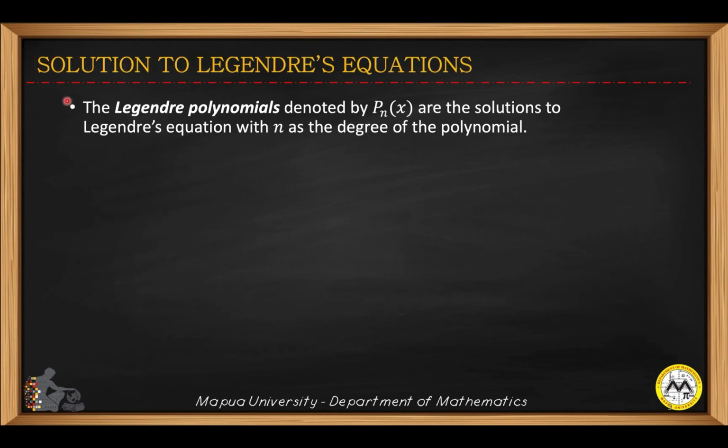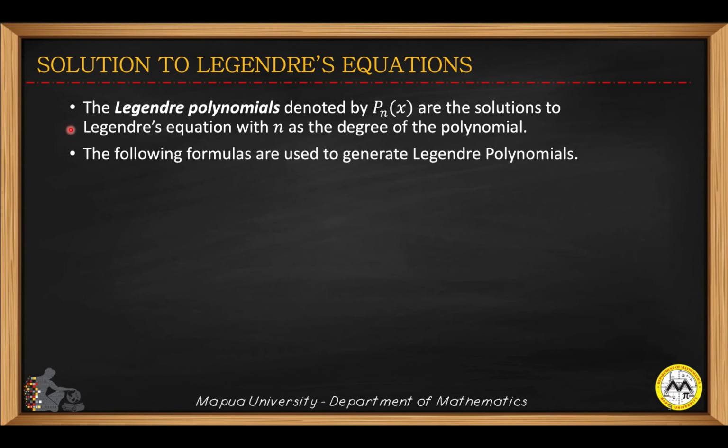Legendre's polynomials, denoted by P sub n of x, are the solutions to Legendre's equations with n as the degree of the polynomial. The following formulas are used to generate Legendre's polynomials.